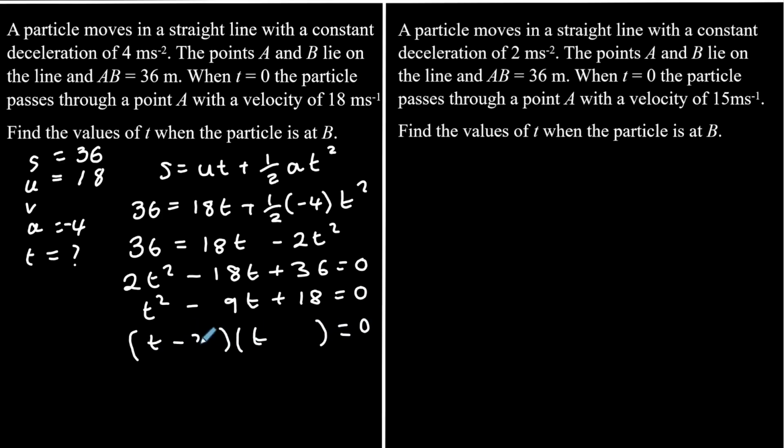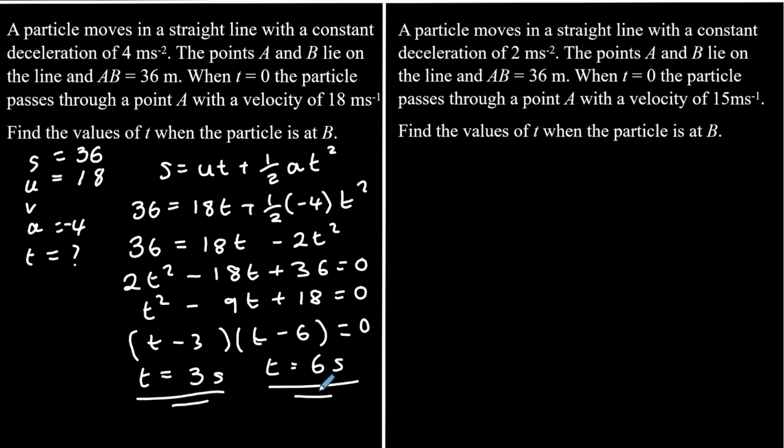So it's negative 3 and negative 6. So t could be 3 seconds, or t could be 6 seconds. So it passes through B after 3 seconds and after 6 seconds.